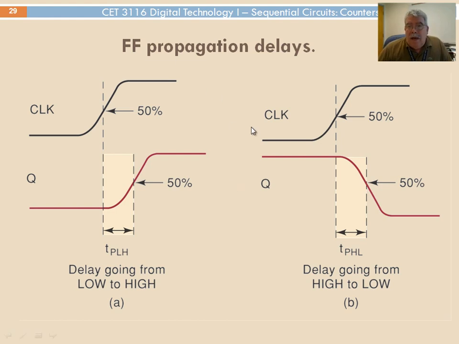Similarly, for the propagation delay from high to low, the clock changes, the output is initially high and then goes low. We measure at the middle of this transition.